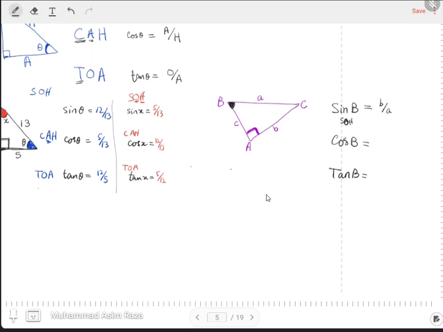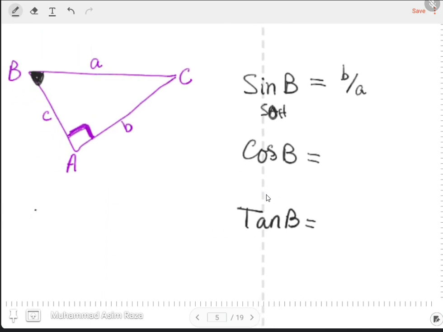So I was saying that cos is CAH. Now if B is the angle, then adjacent of B is C, so it is C over A because A is the hypotenuse. And tan B, tan is like this, TOA.